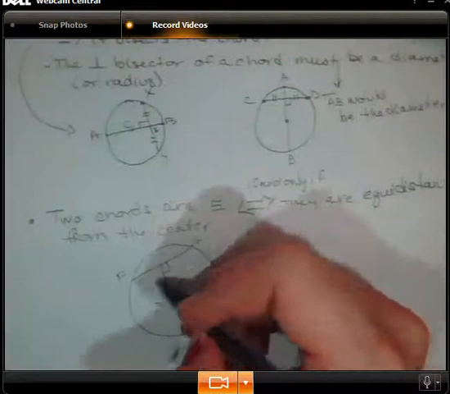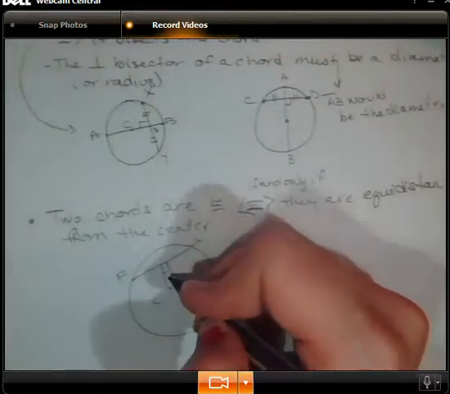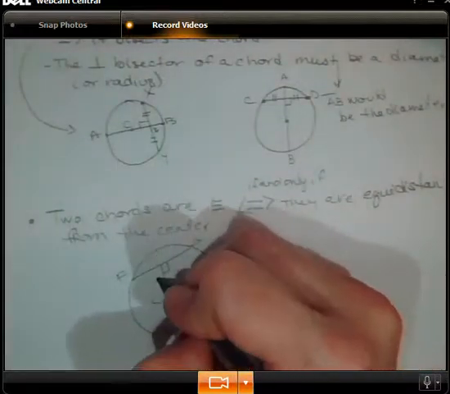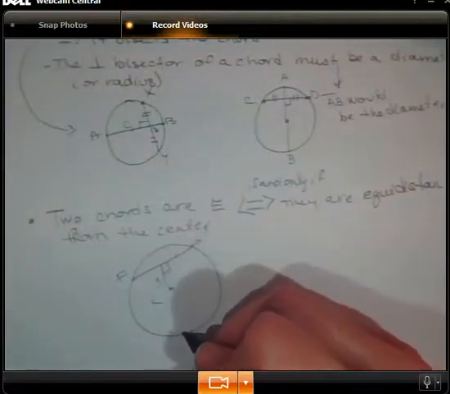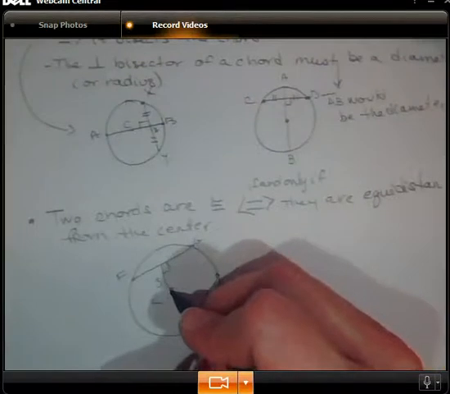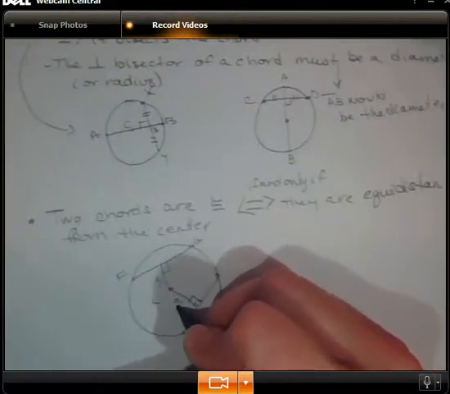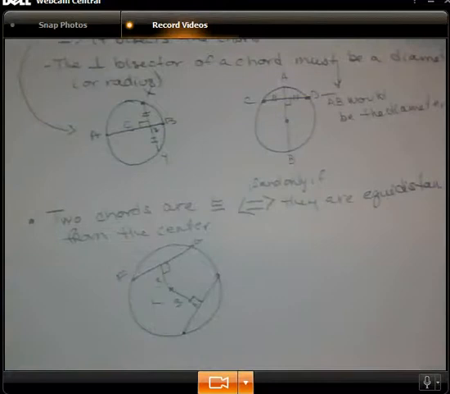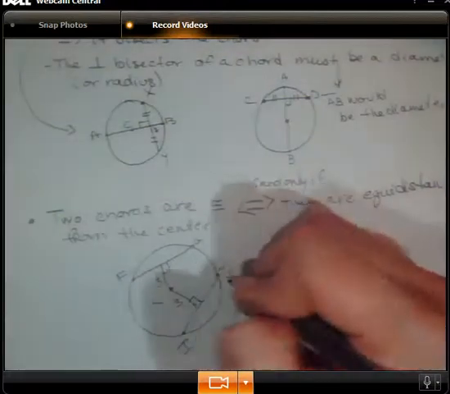So if I have this chord and this distance is, say, 3, and I have another chord, say right here, and that distance from there to there is 3. It's a bad drawing, but let's call this IJ.